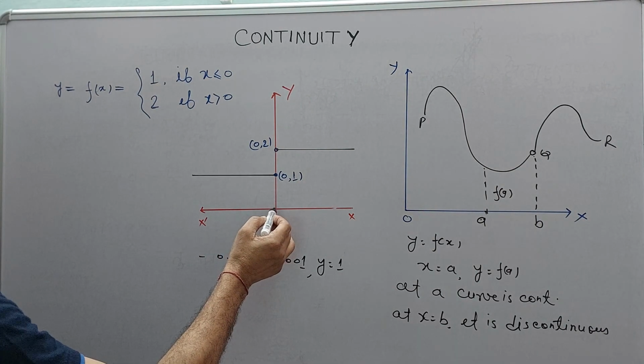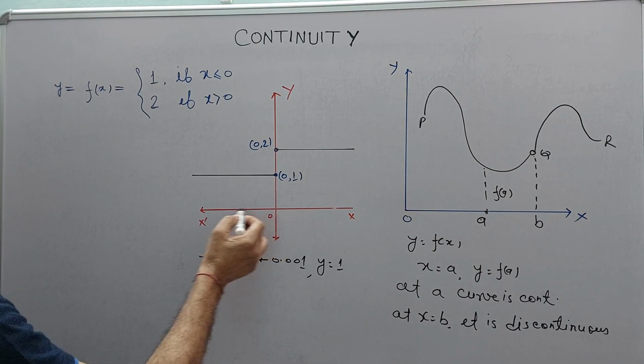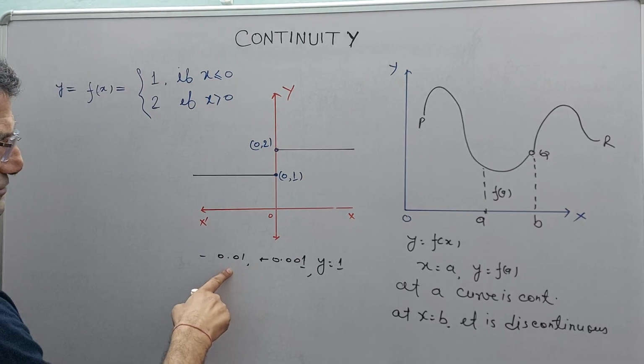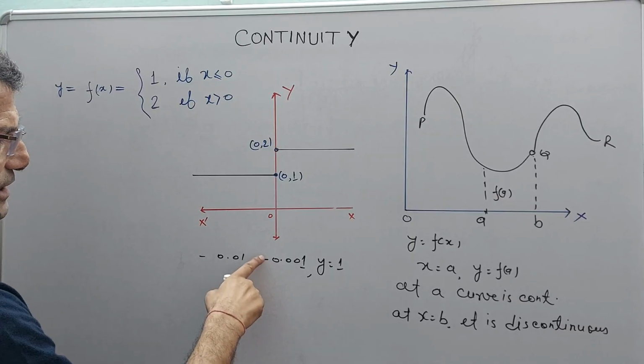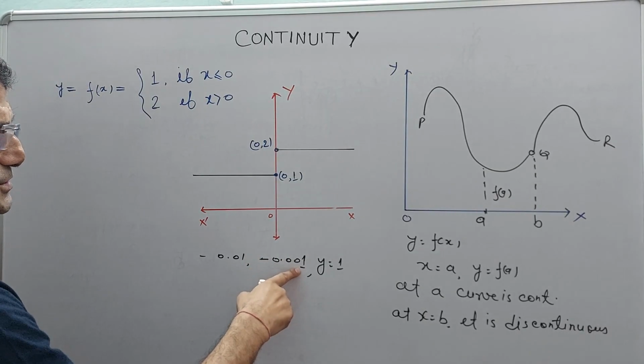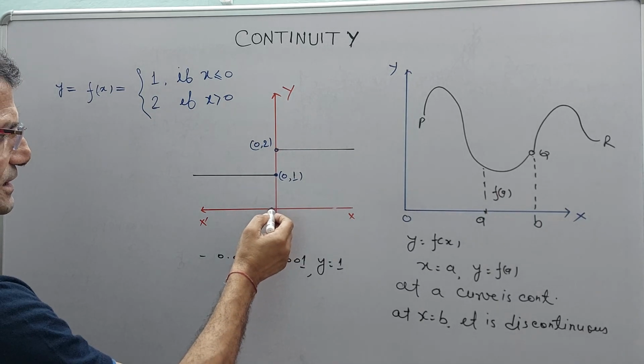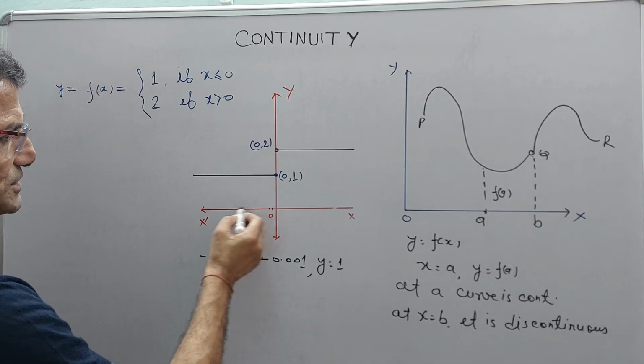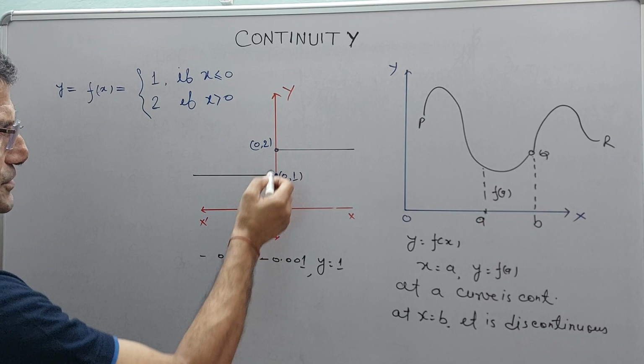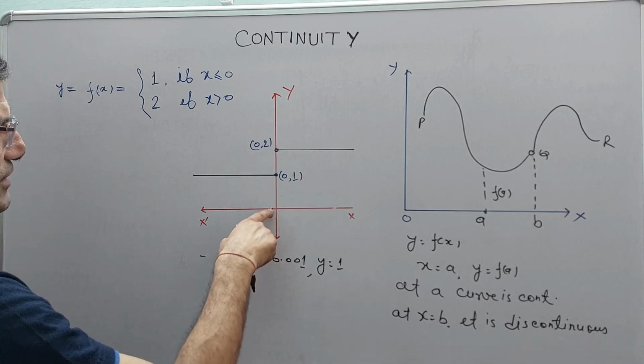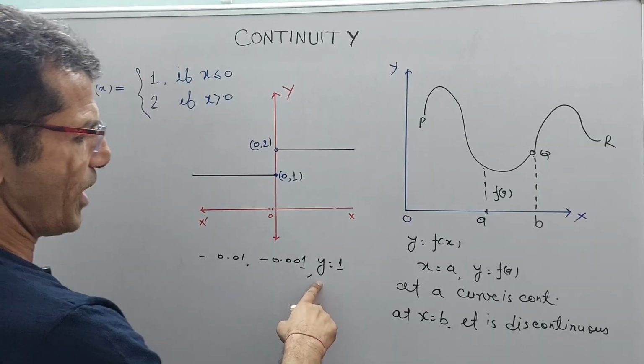All values of x less than 0 along this curve give y equal to 1. I have taken some values, minus 0.1 and minus 0.01, so these points are approaching the nearby area of 0, and the corresponding value is y equal to 1.